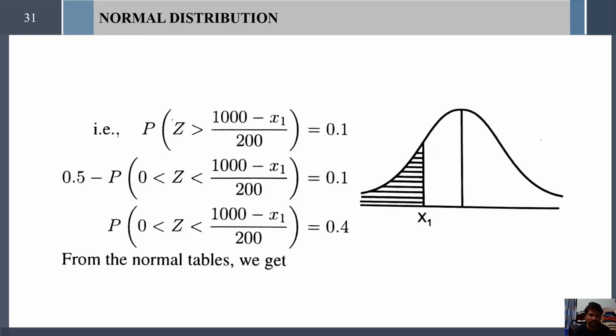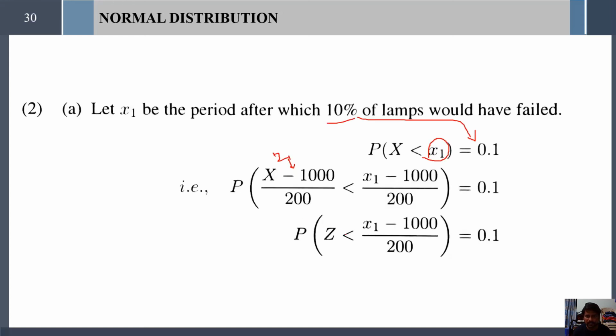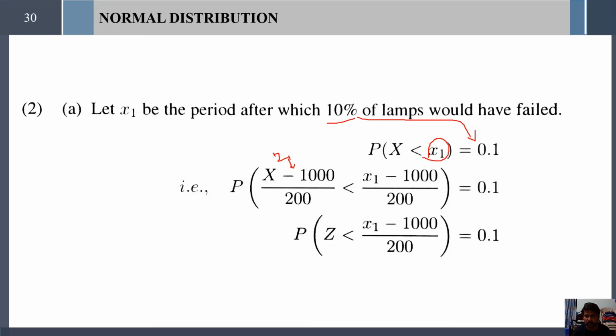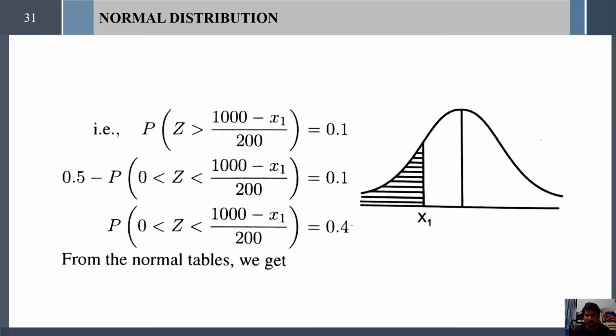By using the symmetry property, multiplying with the minus symbol, this can be written as the probability of z greater than 1000 minus x1 divided by 200.